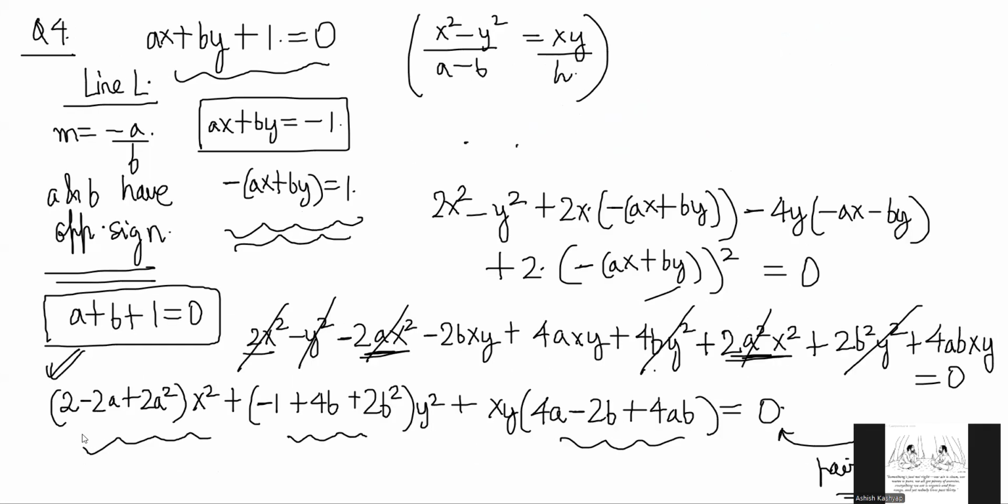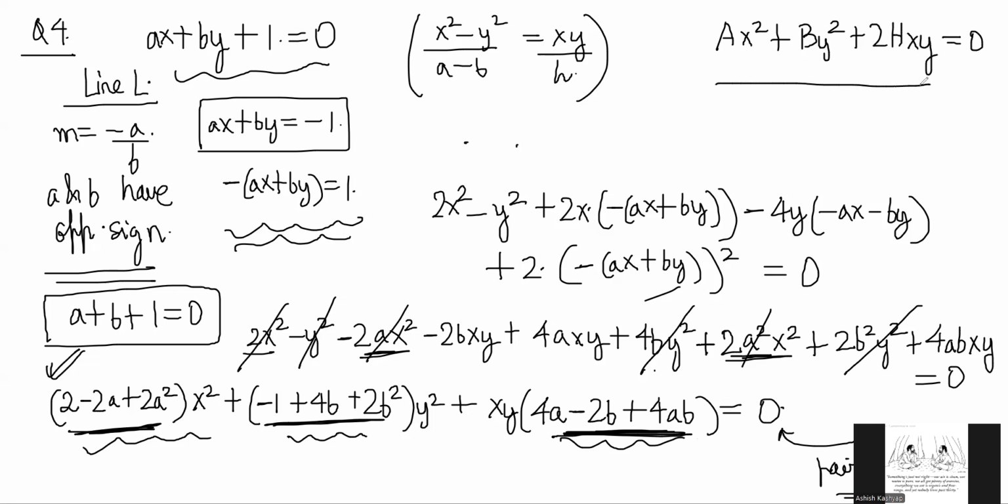But for us, our a is this, our b is this, and our h is half of this, correct? Because this formula was derived for the equation ax squared plus by squared plus 2hxy, right?